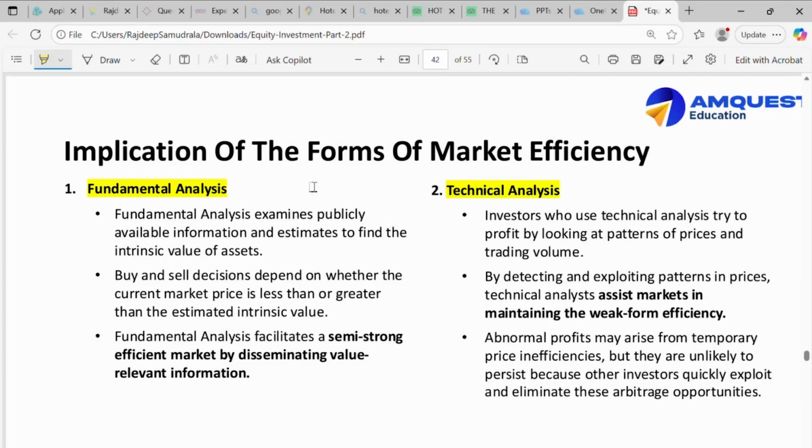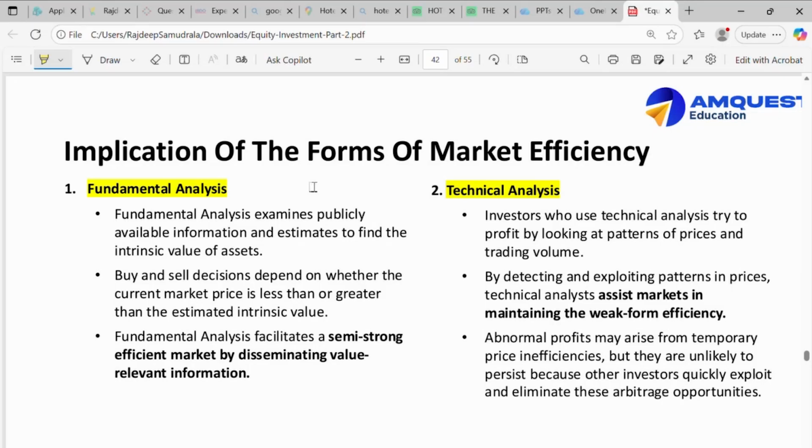Okay. Now let's quickly look at fundamental and technical analysis. Fundamental analysis is where you are analyzing the market based on fundamental factors. For example, you're looking at EPS, price earnings value, price to book value, and so on. You're trying to analyze which shares are good to buy based on certain fundamental factors. Clear?